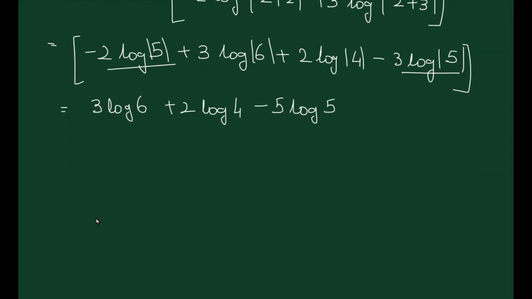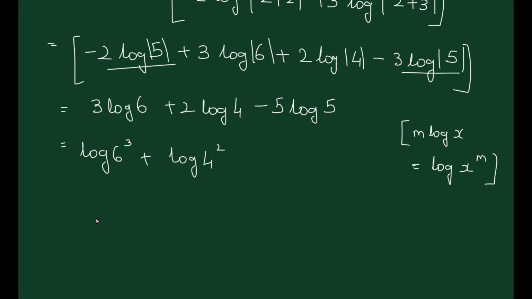Now whenever you write logarithms, we have seen this earlier that the number which is written to the side can be written as the power of the log. For example, if you have m log x, it can be written as log x raised to m. So that is what we are going to do over here. 3 log 6 is written as log 6 cube, plus 2 log 4 is log 4 square, minus 5 log 5 is log 5 raised to 5.